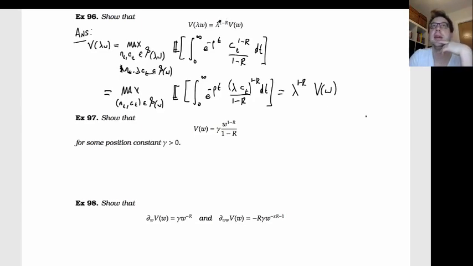I could take lambda, for example, if this expression always holds, equal to W to the minus 1 in here, and then I'll get V of W here. I'll get W to the minus 1, 1 minus r, and I'll get V of 1 here, and I can take gamma to be equal to 1 minus r times V of 1 in this expression.